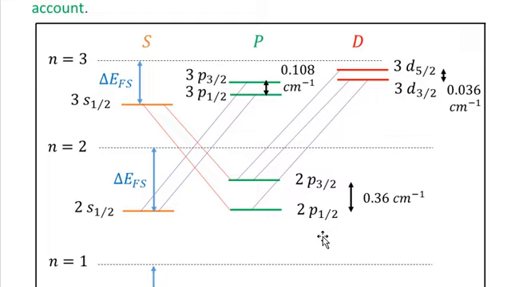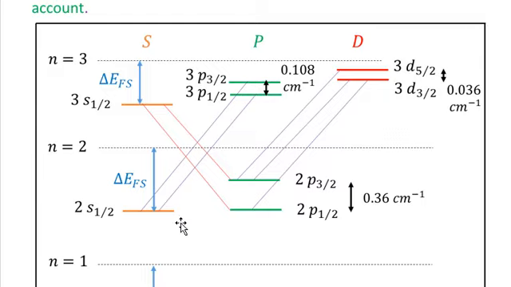Due to spin orbit interaction, this level, which should be a single degenerate level, splits into two levels, which we call doublet levels, represented by 2p3/2 and 2p1/2, with a separation of the fine structure energy equal to 0.36 centimeter inverse. And these 3/2 and 1/2 are the values of the total quantum number J of the atom. And the 2 just before p is actually the value of the principal quantum number.